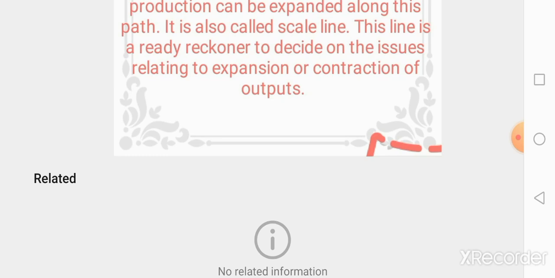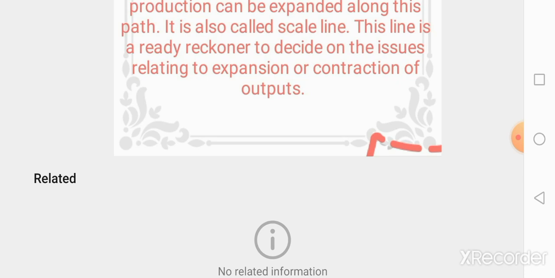If you want to expand the output, that means increase the quantity of production, you extend the scale line, or if you want to decrease the quantity of production, the scale line moves backward.